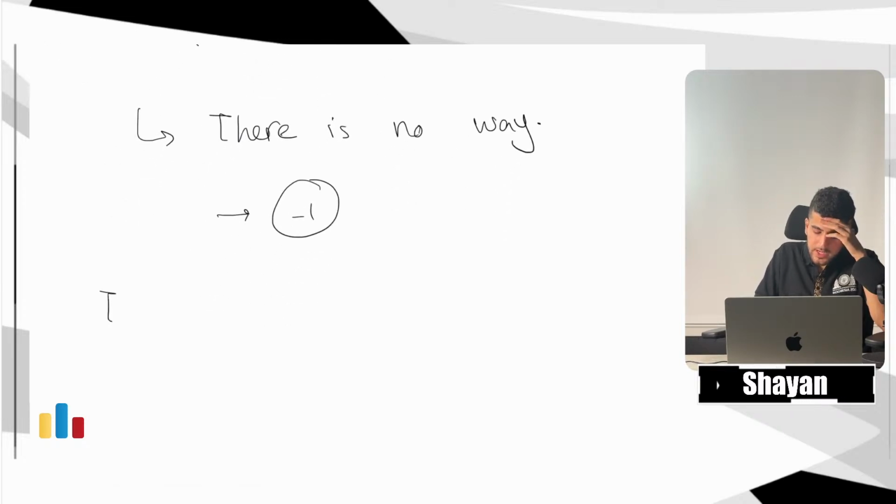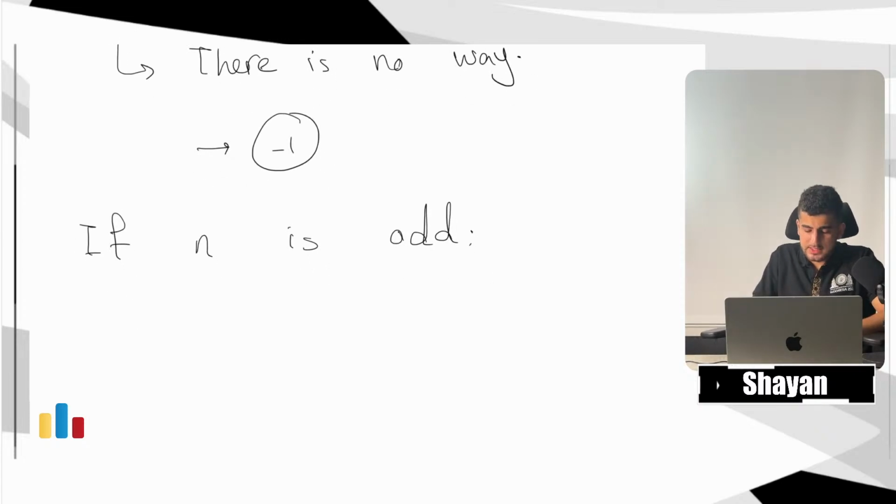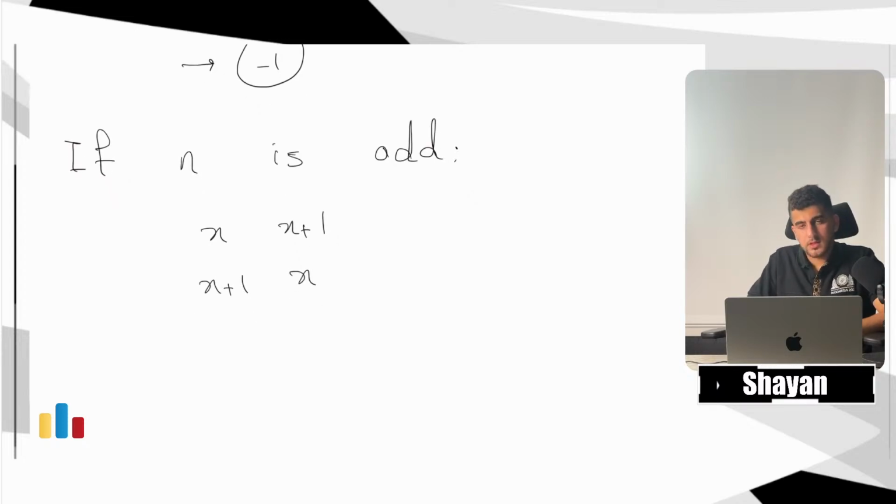But if n was odd, we want to construct a permutation such that for exactly half of the x's, x plus 1 comes after x, and for the other half, x comes after x plus 1.